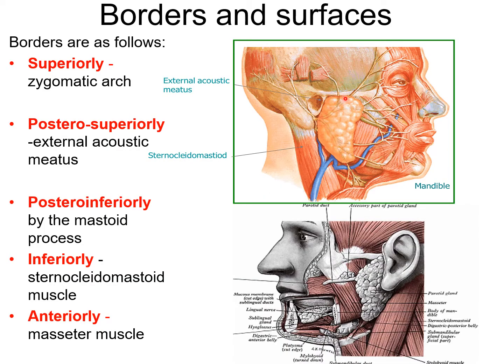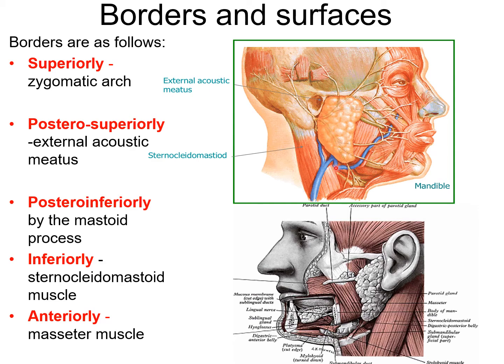If we see superiorly, the parotid gland is limited by the zygomatic arch. Posterosuperiorly, the gland is related to the external acoustic meatus along with the ramus of the mandible. Postero-inferiorly, it is limited by the mastoid process and the structure gaining attachment to the mastoid process, that is the mastoid head of the sternocleidomastoid muscle.